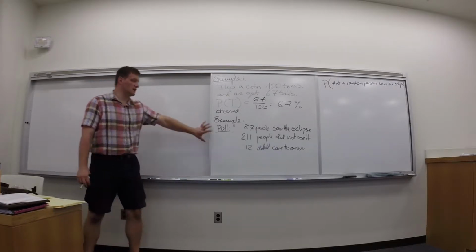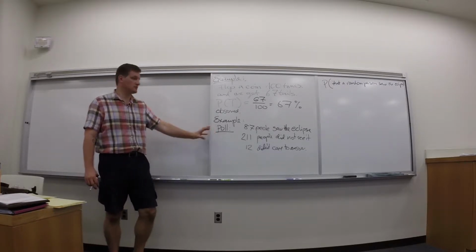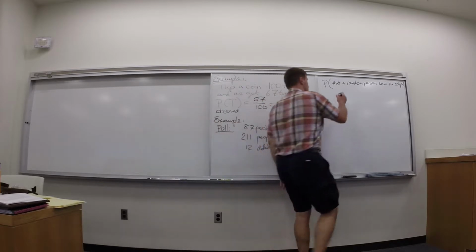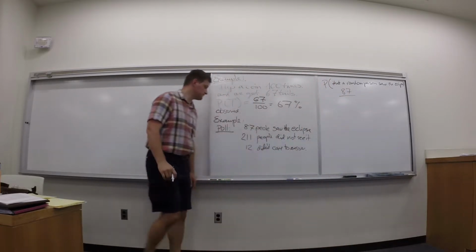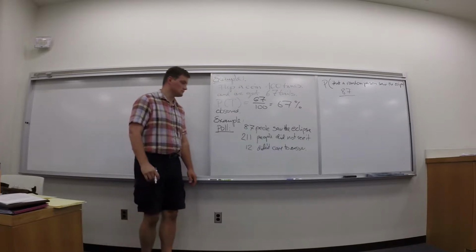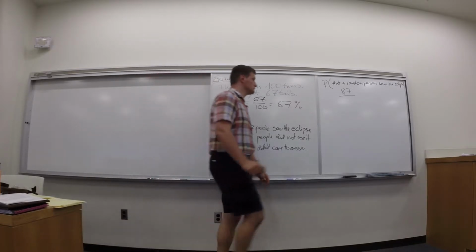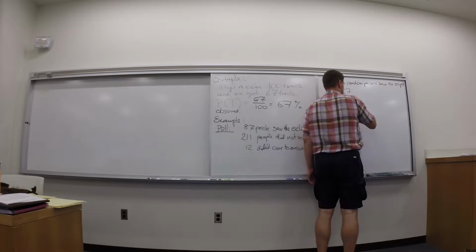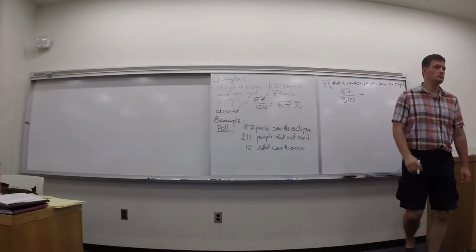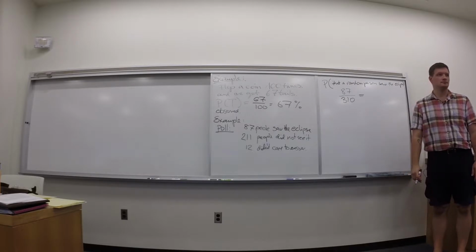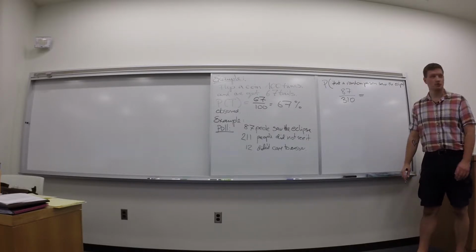Again, this is not classical, right? It's not subjective, this is observed. So what do we have? Well, we have 87 people saw, out of how many? 310. Which comes out to be about 28%.